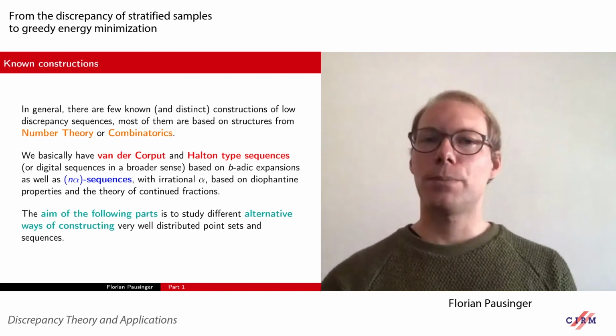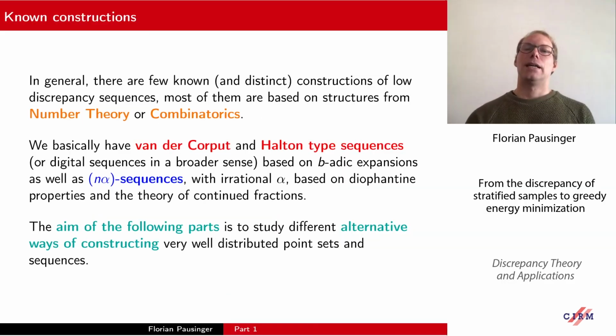So to sum up this first part, there are several known constructions of low discrepancy sequences. Most of them are based on structures or methods from number theory or from combinatorics. On the one hand, we have van der Corput and Halton type sequences, also more general digital sequences, which are usually based on p-adic expansions of numbers.